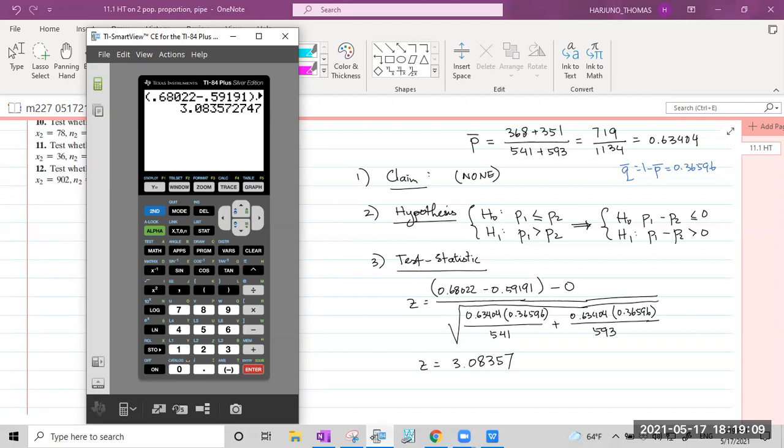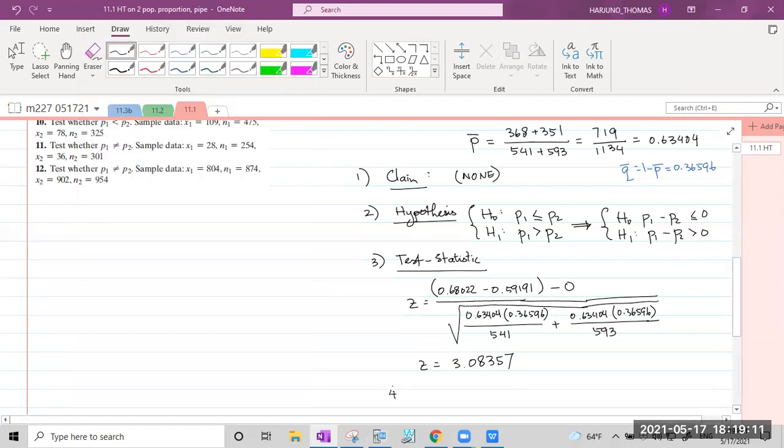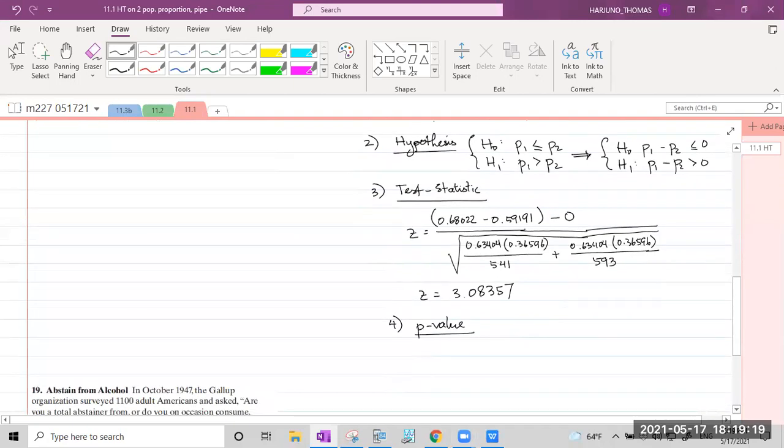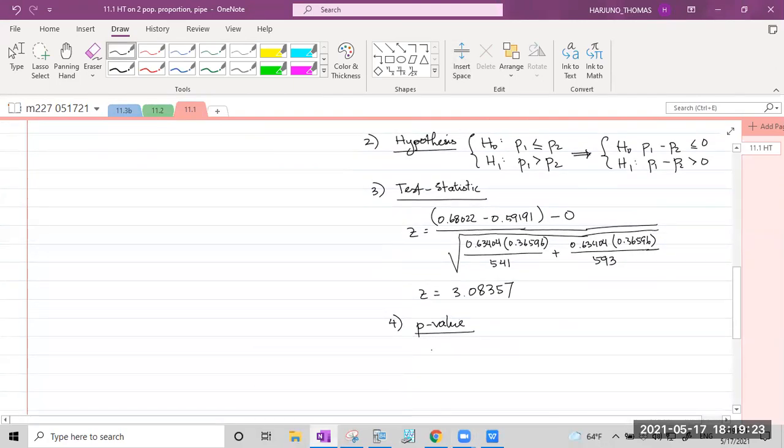Now, how about the p-value? That's the standard normal distribution, a right tail, at 3.08357.